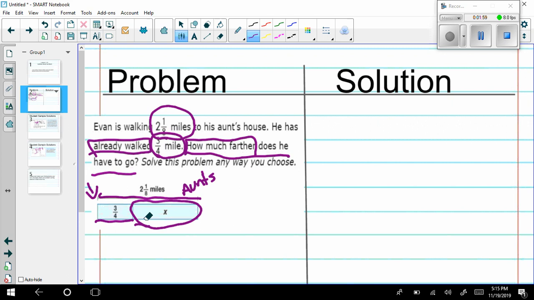Now I can solve because I know when I need to find the difference that I need to subtract. To do that, I'm going to use the standard algorithm of subtraction.